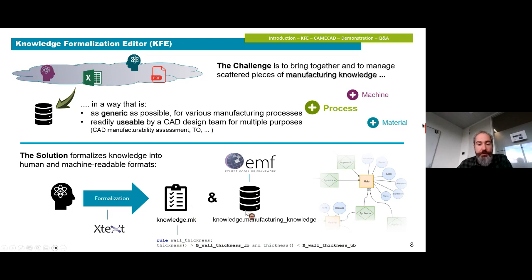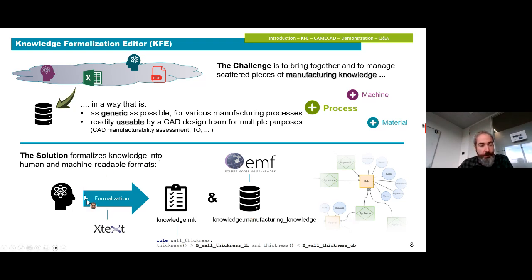But it's important here to see that this knowledge file is synced with a machine interpretable counterpart with a parser which enables the machine executable code, and all the manufacturing data is also linked here with the help of a relational database.